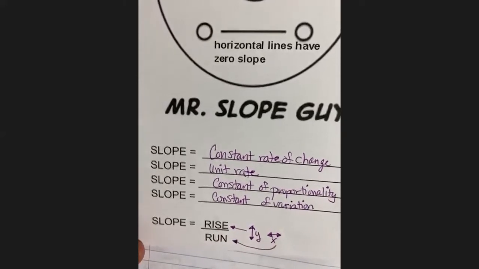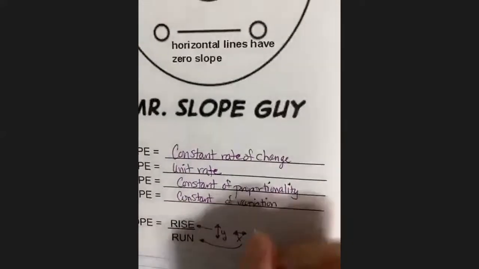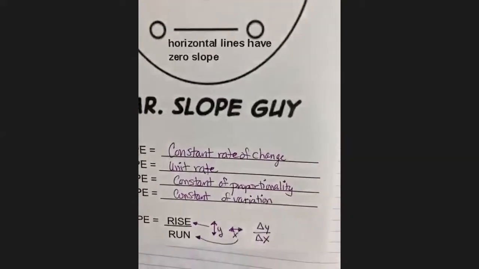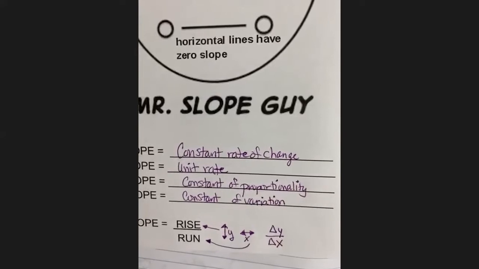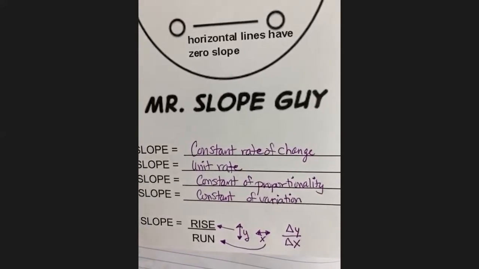And so that's why yesterday you learned that it's a constant rate of change of y, or you might remember this from yesterday, we did delta y over delta x, and that's referred to as slope, constant rate of change. I'm going to keep saying that word till it's in your brain.